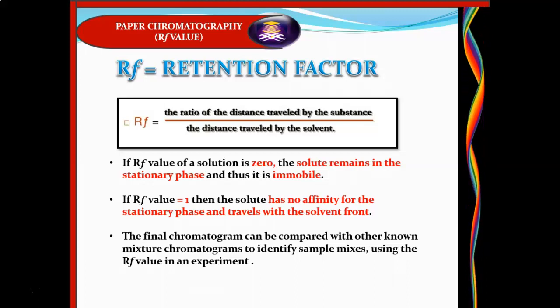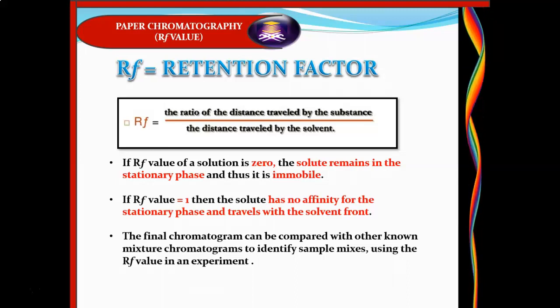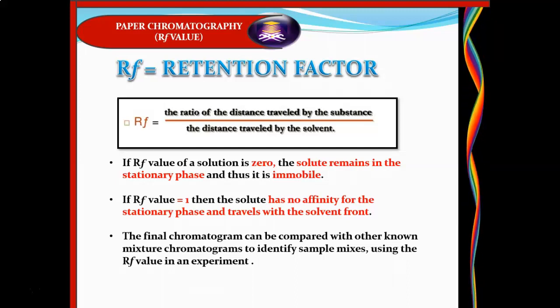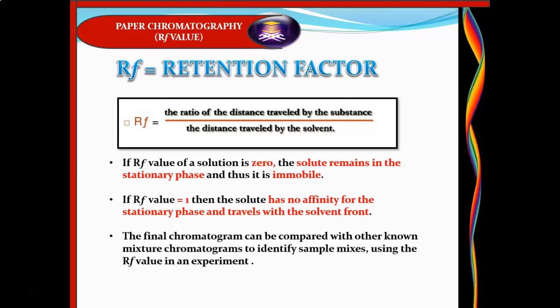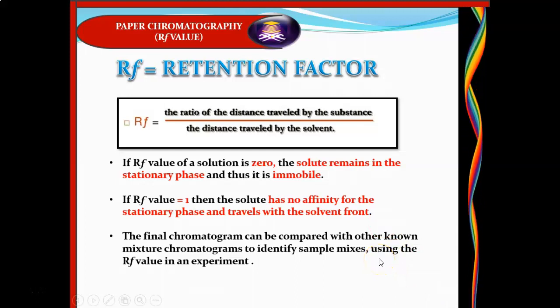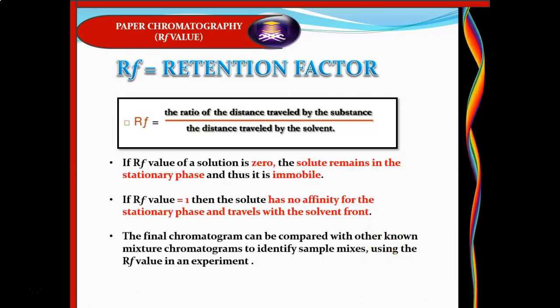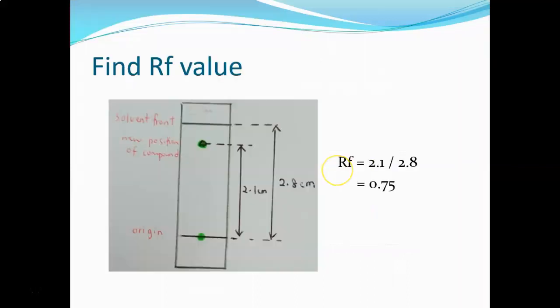Dia macam terlalu, apa orang kata, terlalu laju dia punya speed. Okay, sampai tak dapat nak detect dia punya separation tu. Okay, the final chromatogram can be compared with other known mixture chromatograms to identify the sample mix using the retention factor value in an experiment.